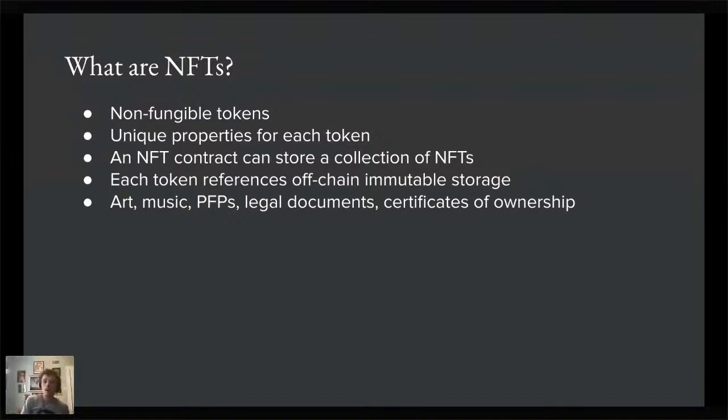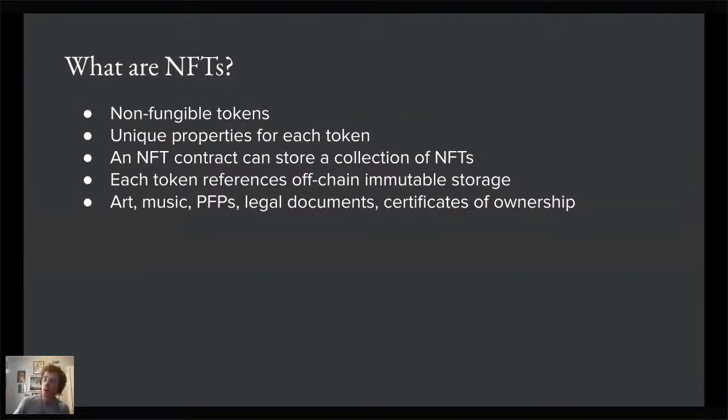These tokens on blockchains like Celo and Ethereum and other EVM chains, or any smart contract chains, are created through contracts, just like fungible tokens are. When we're building on Celo, we use the Ethereum standards that have been developed over the past years, like you may have heard, ERC 721 or ERC 1155.